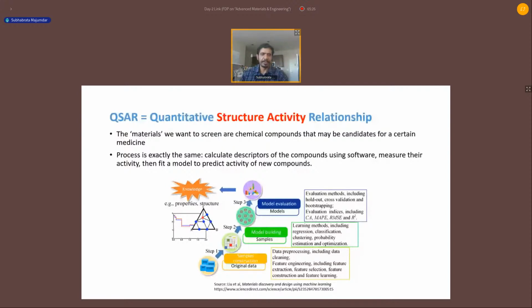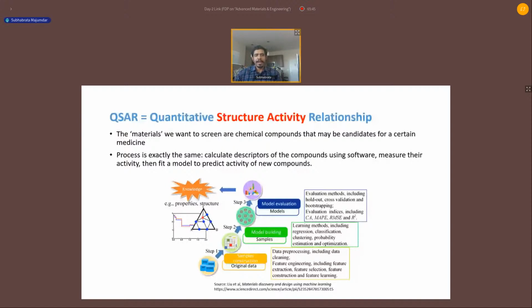There is some sort of uncertainty involved in that activity. So you want to get a more overall, more predictive view of the activity from the structure. You want to minimize the uncertainty in predicting that activity.